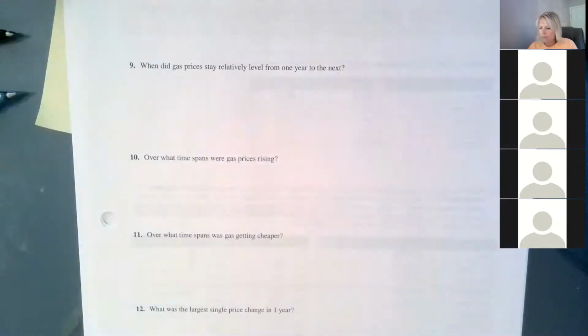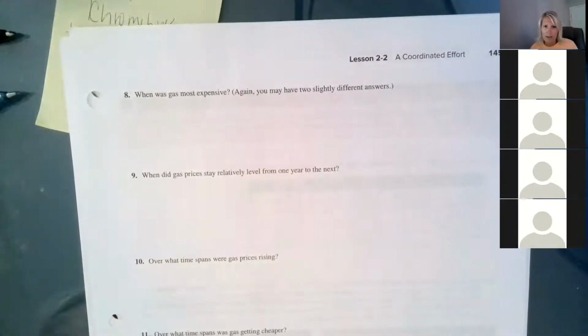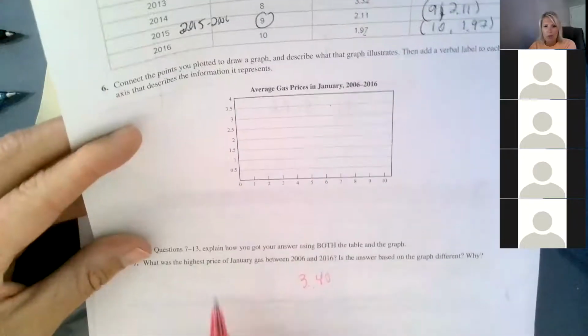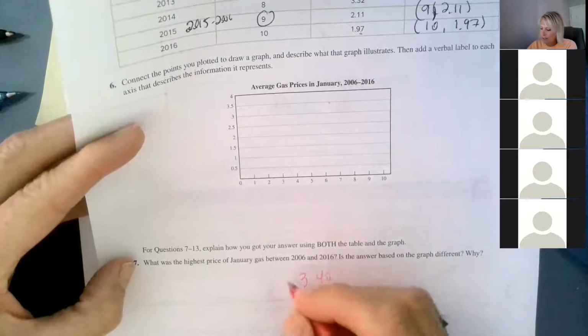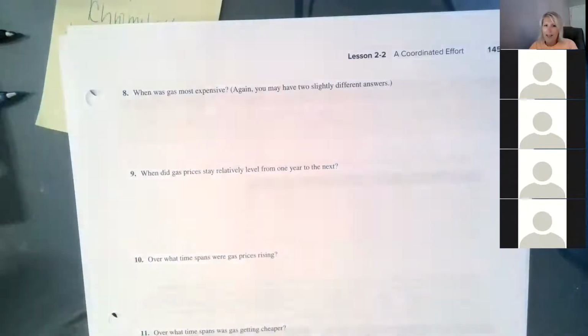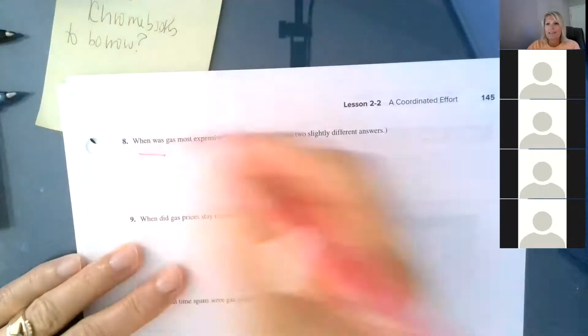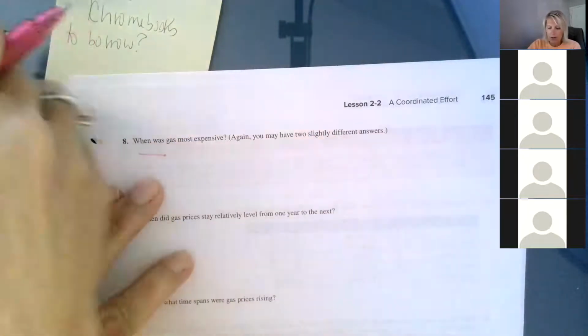And then 8 says, when was gas most expensive? Okay, so now I see maybe what they're saying. In 7, we gave a dollar amount because it said what, and in 8 they're saying when, but it's essentially the same, right? Because when is the year that goes with what?